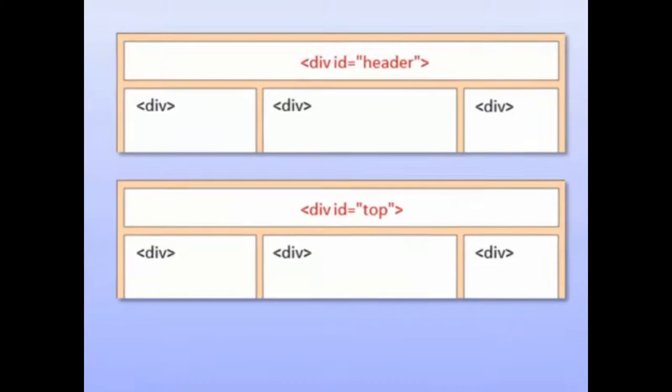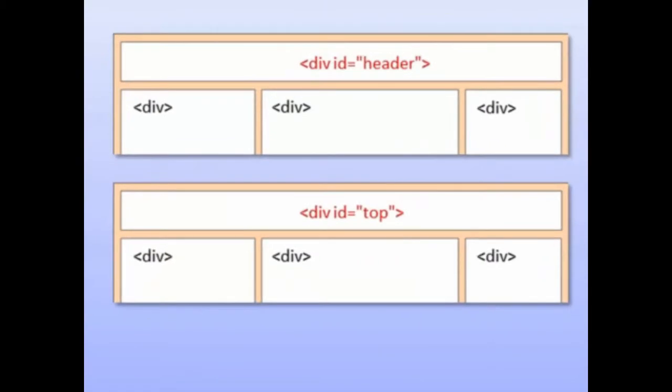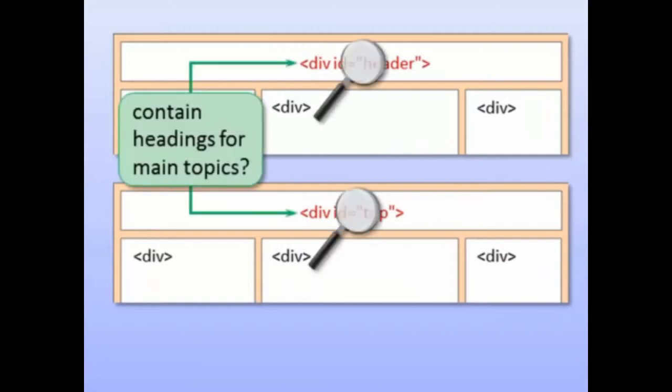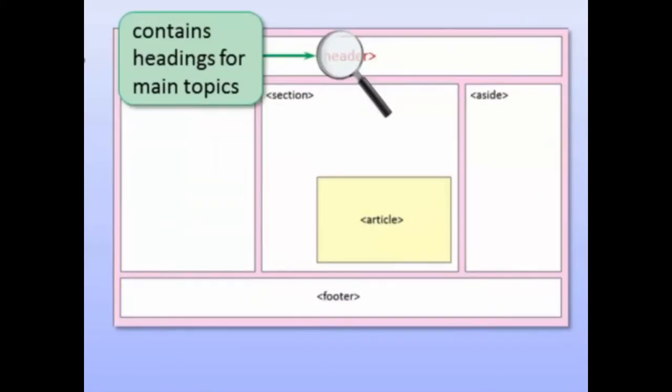The div element doesn't use any rules for ID names, so one developer might use header for the page heading, while another might use top. Using varying names makes it harder for web search engines to identify the main topics of interest in each web page. Web search engines don't have this problem with HTML5 code, so they correctly identify the content of your web pages.